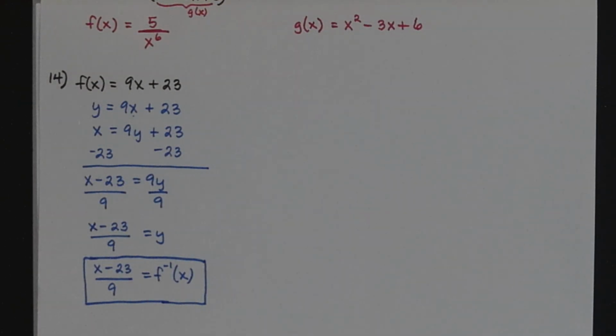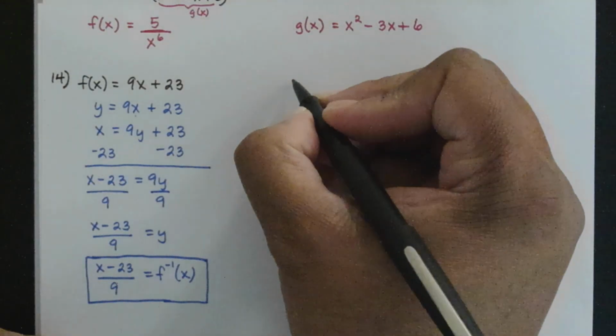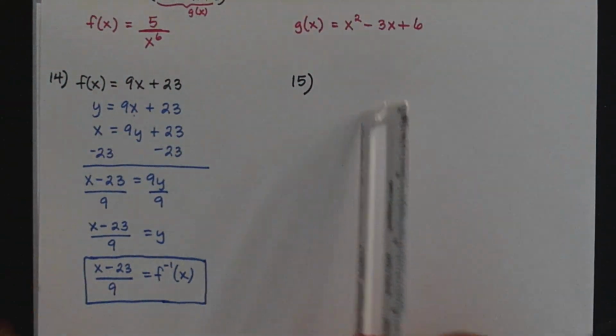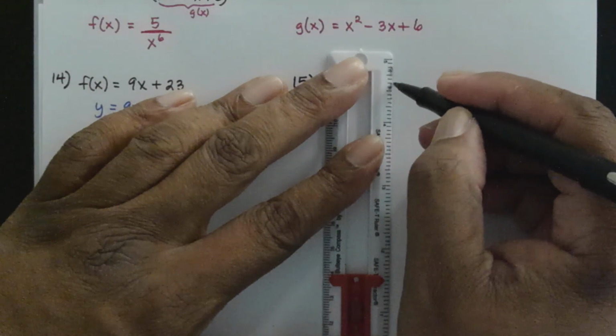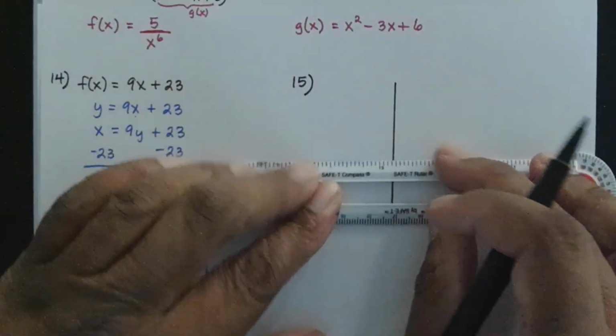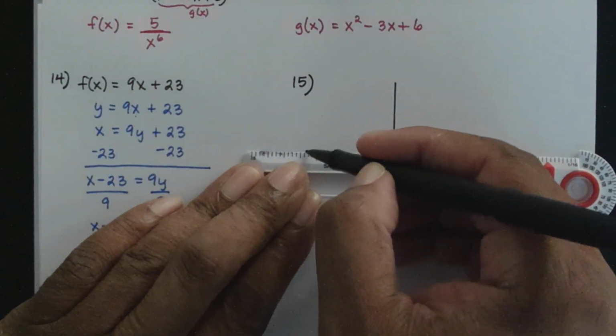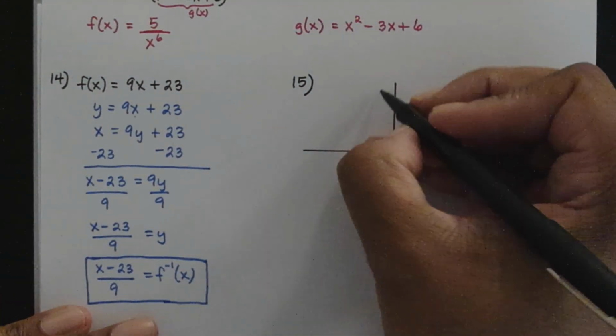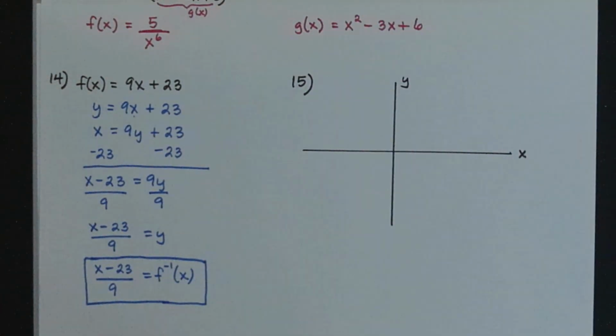Okay, and finally, number 15 is using a horizontal line test to determine if the graph below has an inverse. Let's say we had this graph, and I'll draw one similar to the one on this review sheet. So that's x, and this is y.